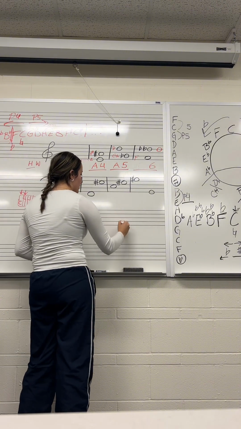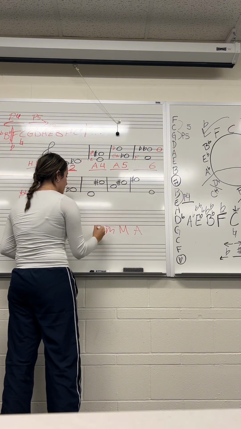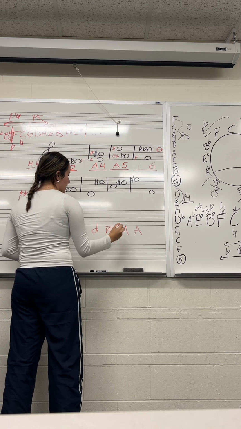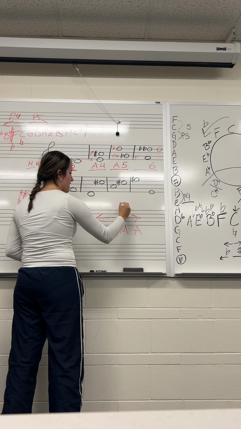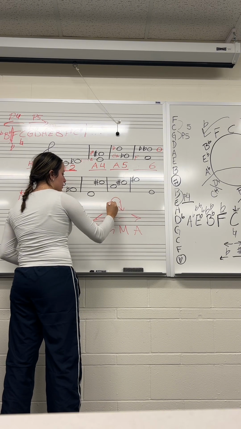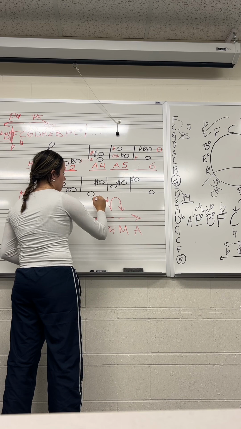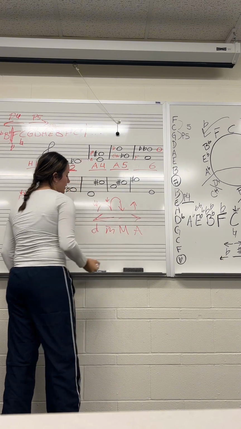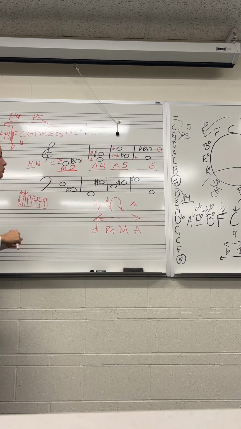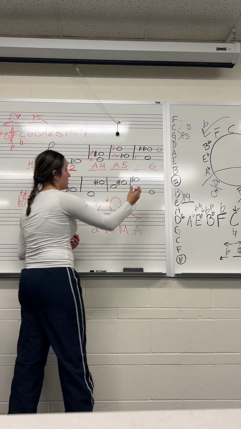On our little spectrum of interval quality, we have major right here, going to minor, and then diminished if you were to lower this once and then lower it twice. And going augmented is if you were to raise it up from major once. So they've lowered this note twice, therefore it has to be a diminished sixth.